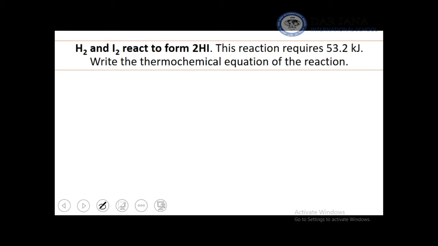Take this example. H2 and I2 react to form 2HI. This reaction requires 53.2 kilojoules. Write the thermochemical equation of the reaction. So first, in any equation, there are reactants and products. So H2 plus I2 produces HI.